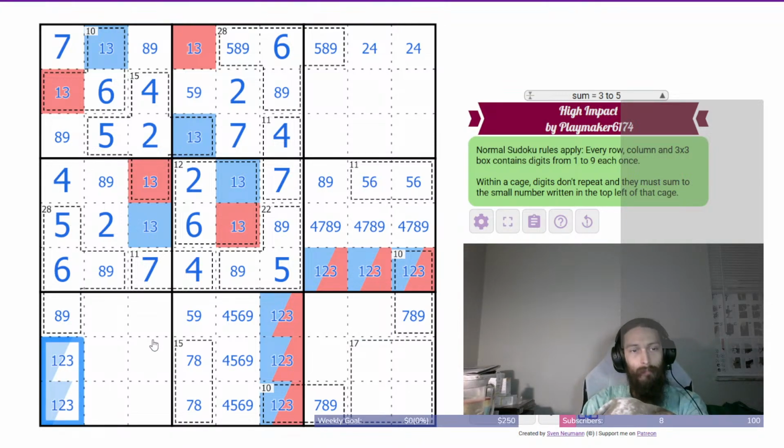Well, that corner contains both red and blue. Which corner? Oh, no, it doesn't. Never mind. This is blue and 2.